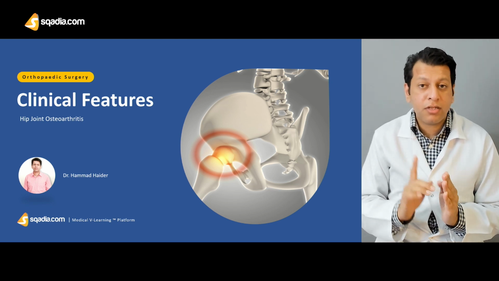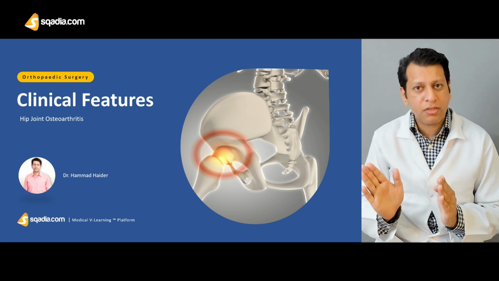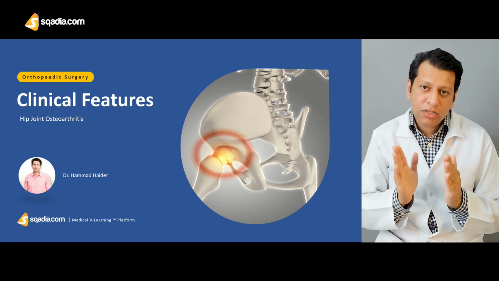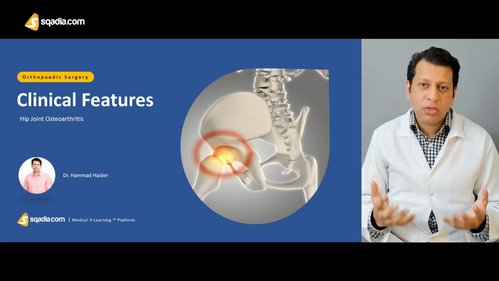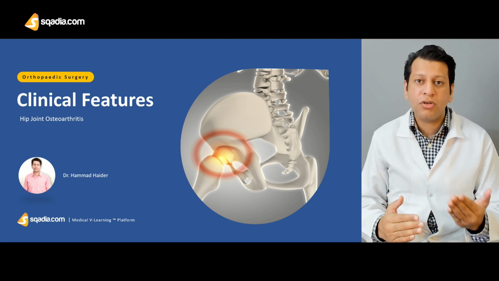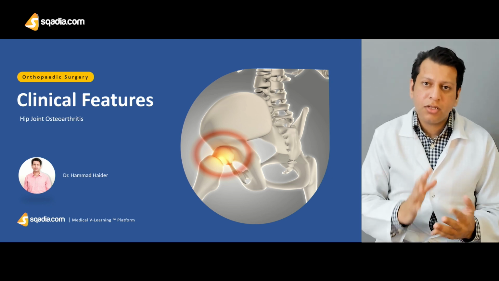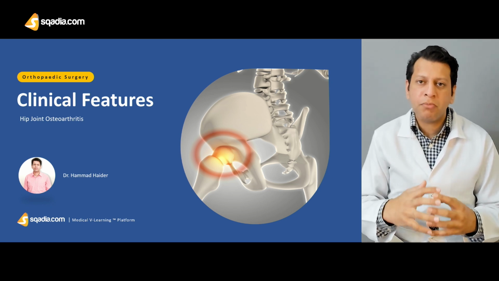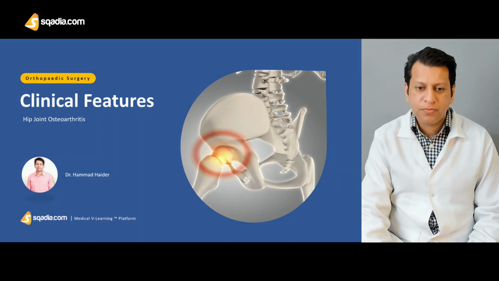That would have rung bells in your head that probably something is wrong with the lumbar spine. But when the hip pains, when the patient sits forward and there's no weight bearing, the pain disappears. But whenever he or she walks, that is where the real problem starts and the gait becomes antalgic.